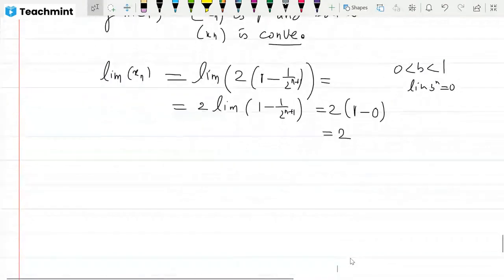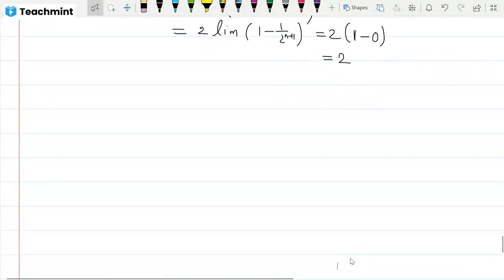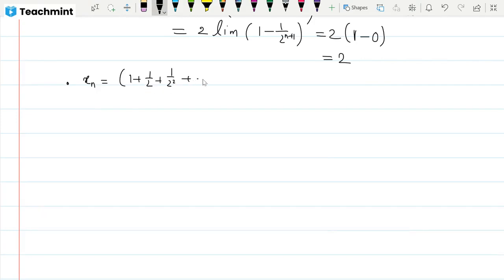So I will summarize this question. If xn is 1 plus 1 by 2 plus 1 by 2 square plus so on plus 1 by 2 power n, this is my sequence, then this sequence is increasing and bounded above, and therefore it is bounded below also because it is a convergent sequence.